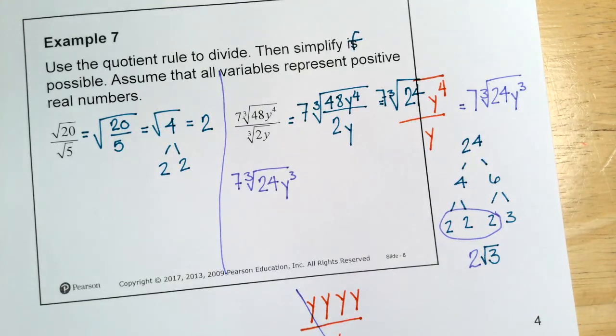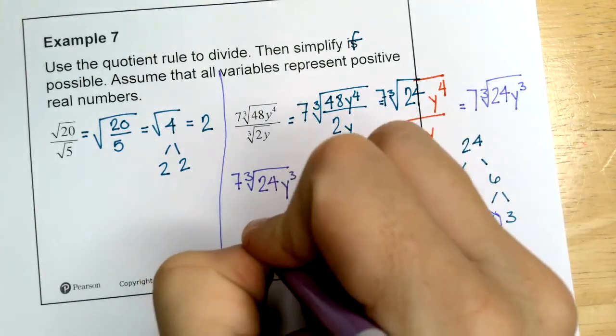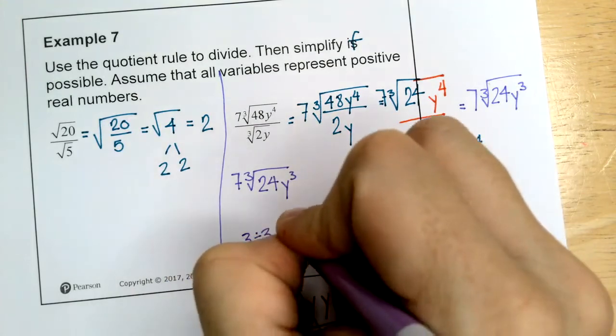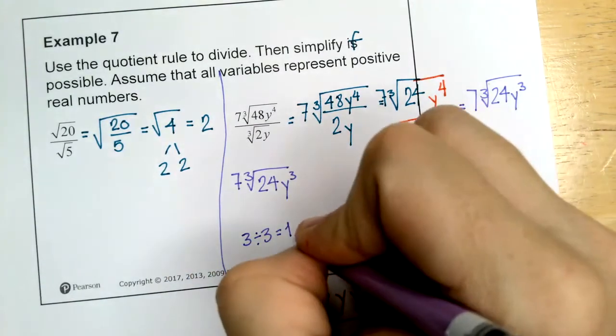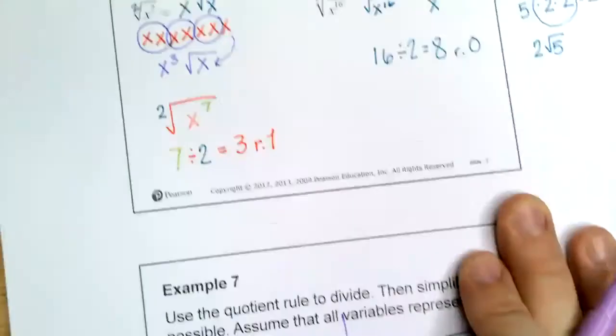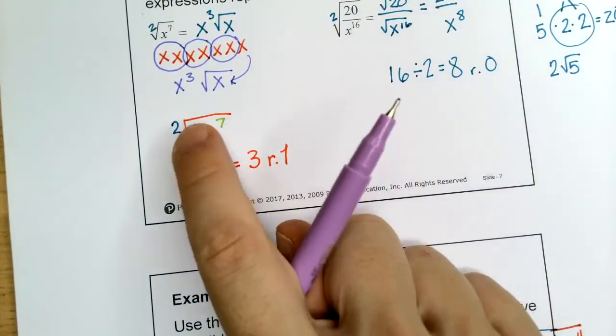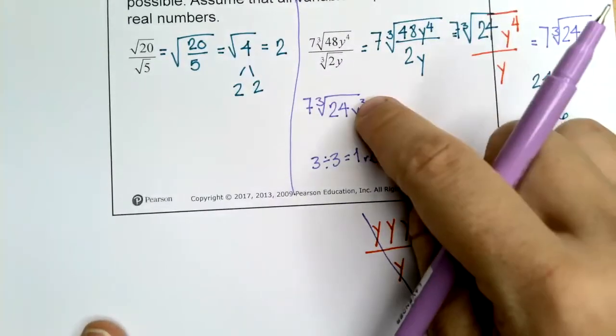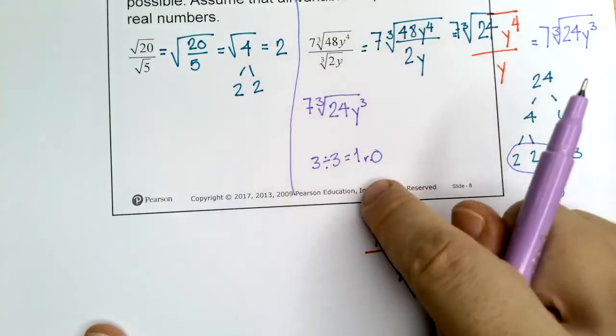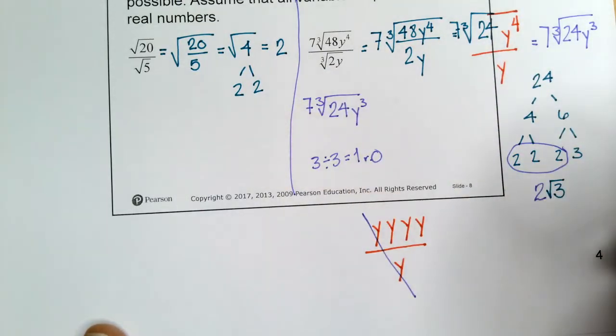Good, so that's my 24. And then my y to the third, remember we can either say 3 divided by 3 is 1, remainder 0, just like we did up here.